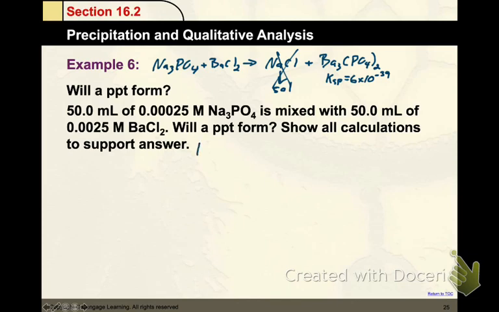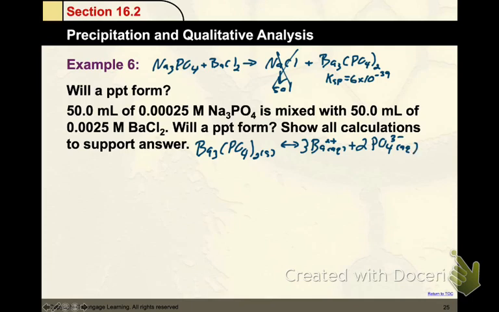So we can say Ba3(PO4)2 solid in equilibrium with 3 Ba2+ and 2 PO4 3-.